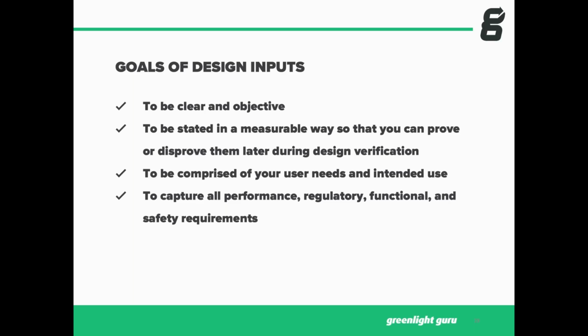You want to show the continuation or the traceability or the linkage or the relationship throughout the entire design and development process. You want to show that flow, how your user needs evolved into design inputs, the outputs that resulted, the verification that results or demonstrates the outputs meet those inputs, and then the validation that ties it all back together and proves that the correct product was designed and developed.